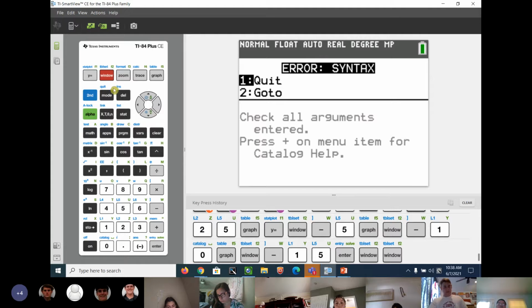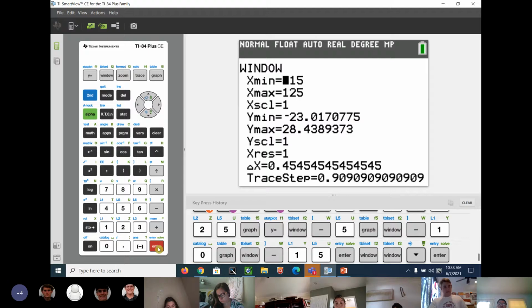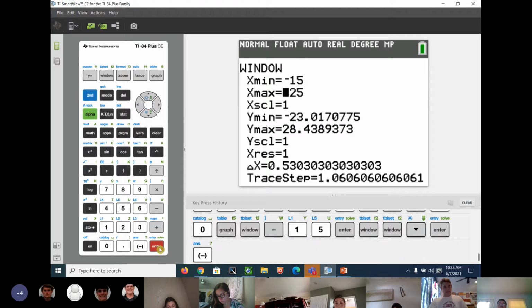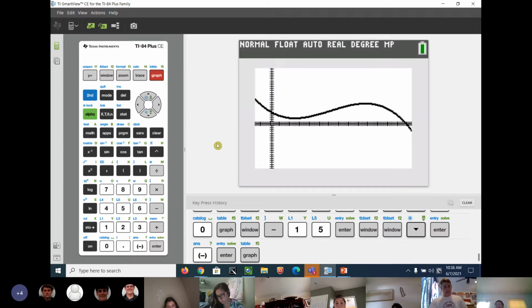Don't use keyboard. I can't use the keyboard on this thing. I have to use the mouse. I'm sorry. There. There we go. All right, so now I'm going to go over here and find the X-intercept.